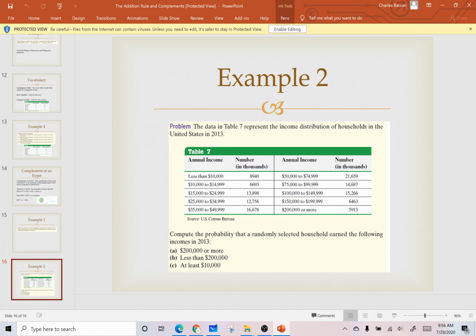And so for this one, this is where it gets really helpful to have a complement. It says, compute the probability that a randomly selected household earned the following incomes: 200,000 or more.